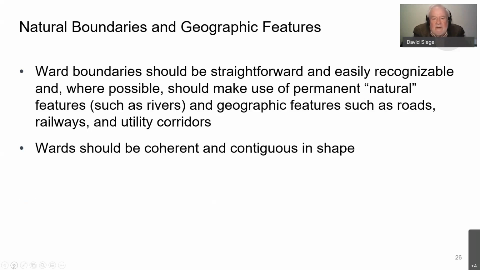You know, you live on the north side of the railway, you're in some ward, and on the south side, you're in a different ward. It makes it pretty easy for people to remember and understand what the dividing lines are between particular wards. So our trick is to take into account all four of these principles that we've been talking about.